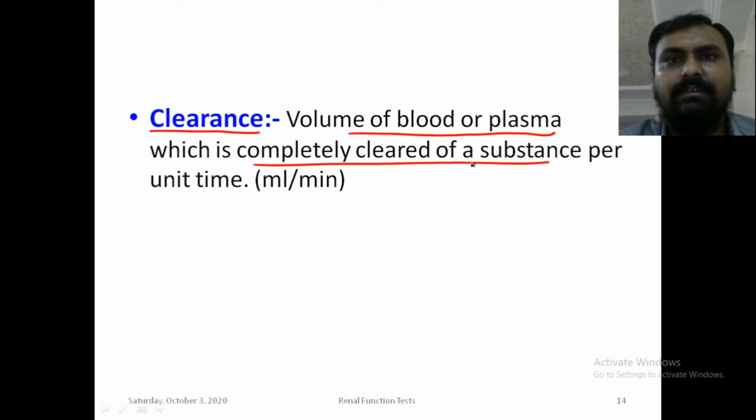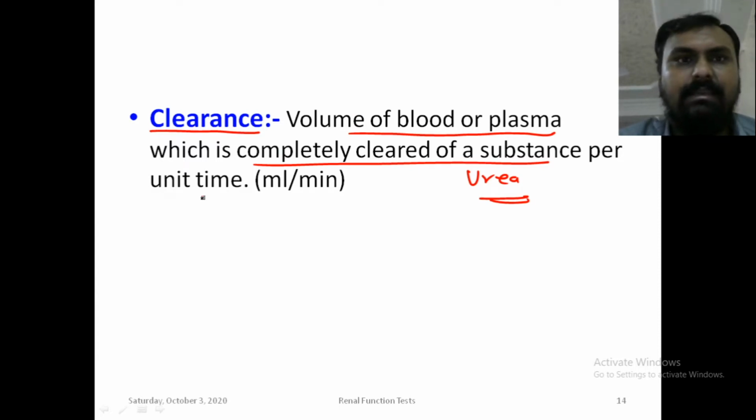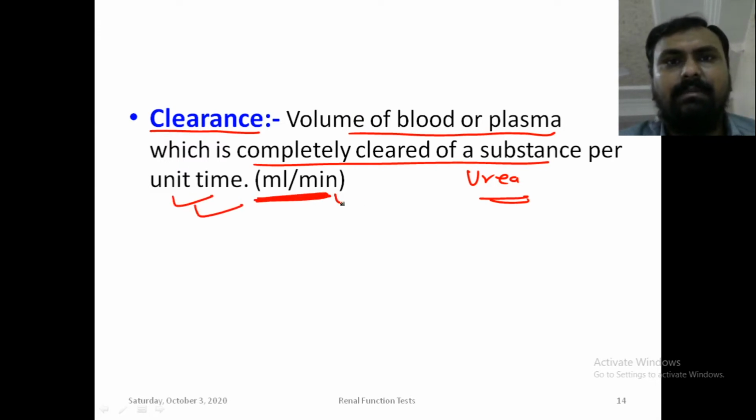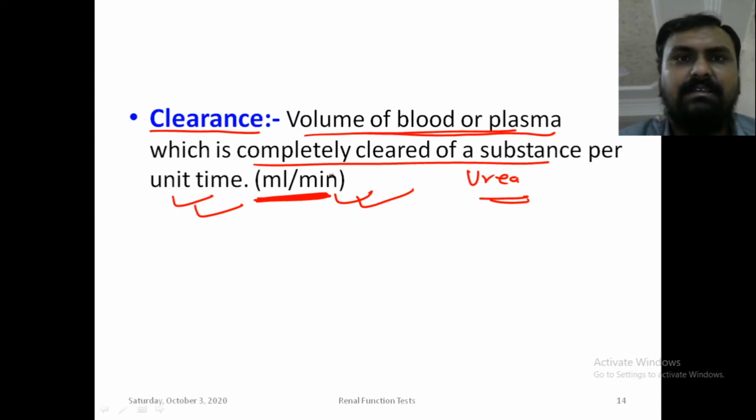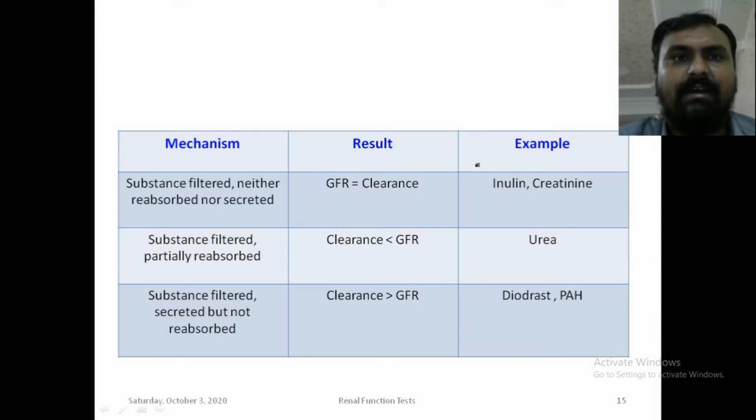Suppose we want to measure the urea clearance, that is the volume of blood or plasma which is completely cleared of urea by the kidney per unit time, that is ml per minute. So in 1 minute, how much volume of plasma is completely cleared of the particular substance, that is called clearance. Remember, this is frequently asked in the viva.